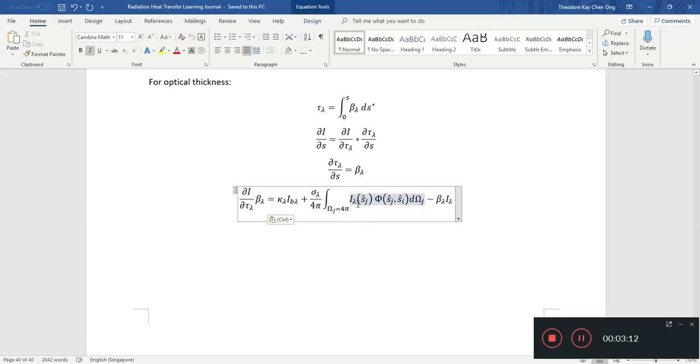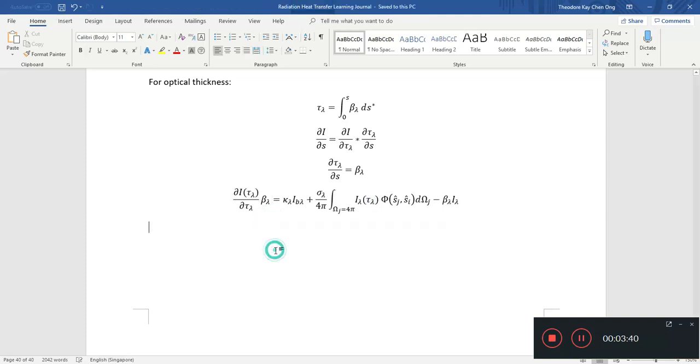Of course, you'll have to change all the variables, especially the intensity, to be in terms of tau now. So we'll do tau lambda here instead of S, and that will tell us the optical thickness as well.